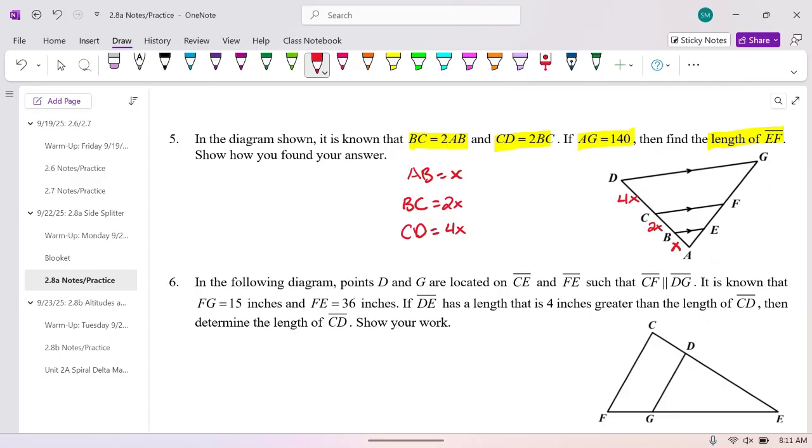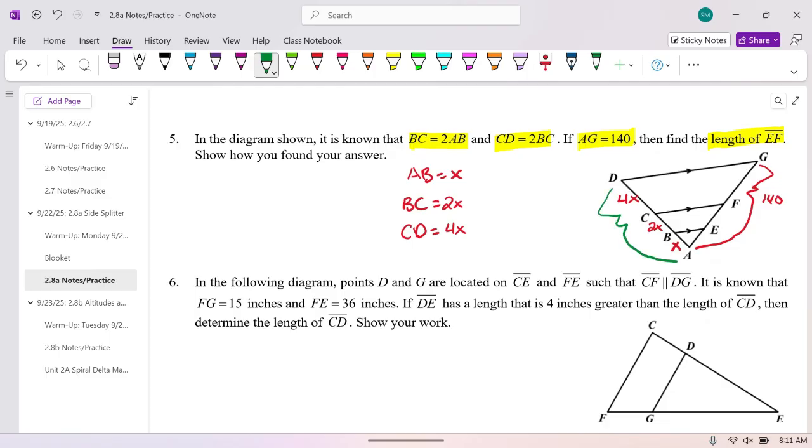Now, they then said that AG is equal to 140, and it wants us to find the length of EF. So let's think about it this way.